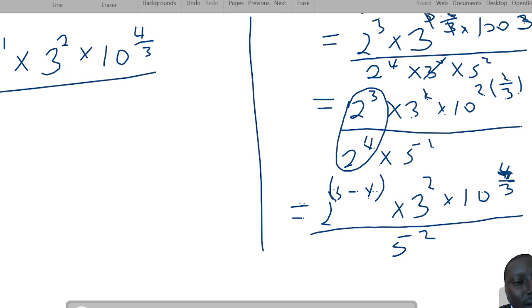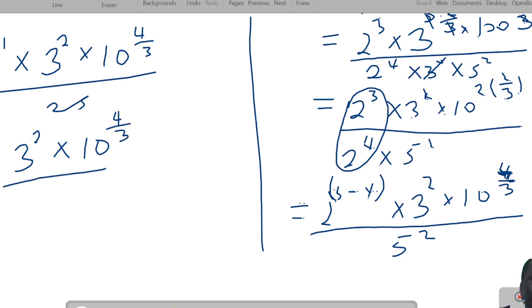Then this one you divide by basically 25, because 5 power 2 is 25. This should be 3 power 2 times 10 power 4 all over 3.